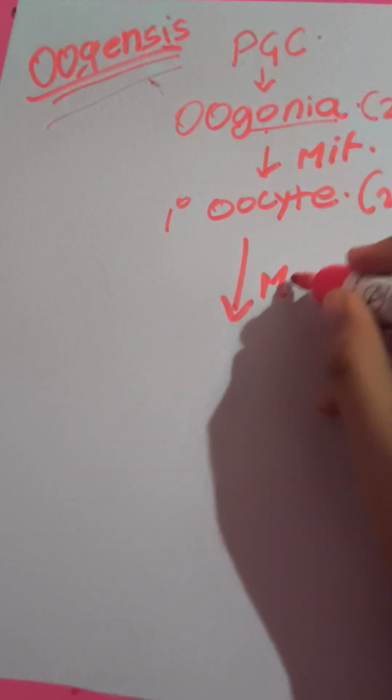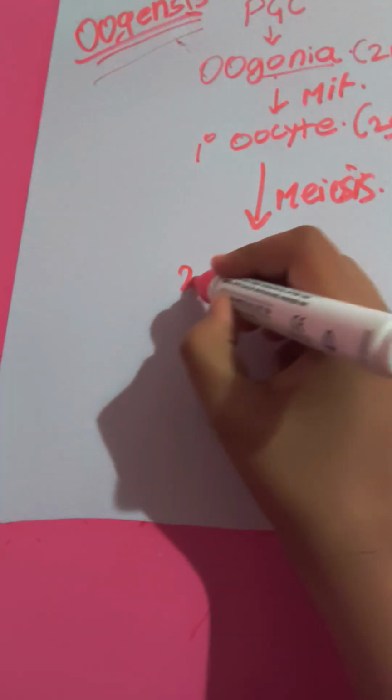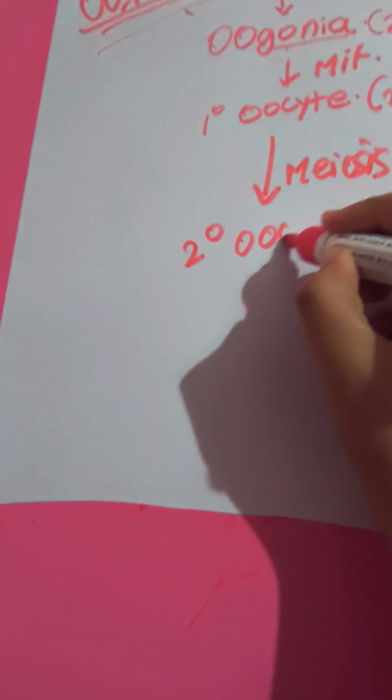But in female it is not that simple. It will also undergo meiosis 1 and give rise to a secondary oocyte.